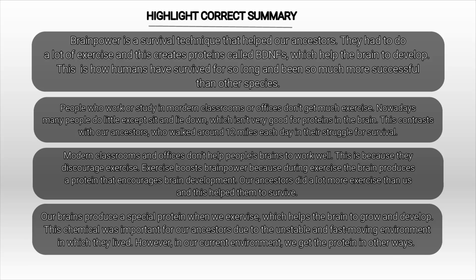If our ancestors had lain around, well, let's just say that survival didn't favour the sedentary types. So, what are we to do? If I were an employer, I'd want the workplace environment to encourage exercise, to boost my employees' brain power.